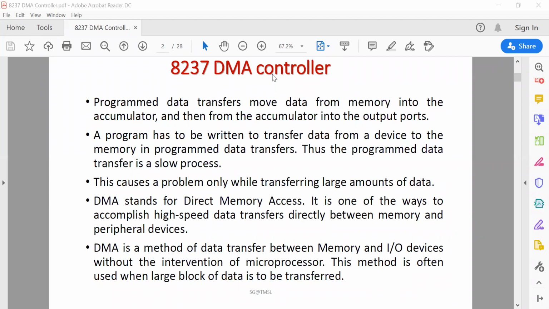Now the microprocessor disables the address and data buses and gives memory system control to the DMA controller. Next, the DMA controller places the sequential addresses on the microprocessor's memory bus and issues the corresponding control signals, that means read and write control signals.